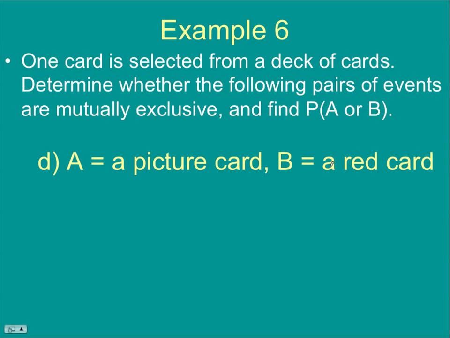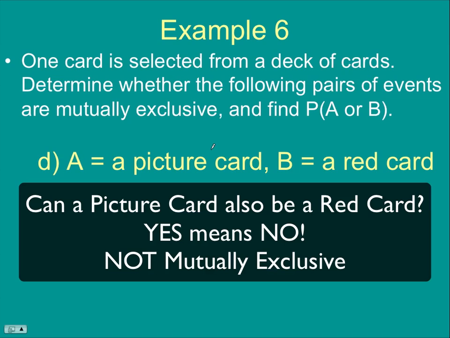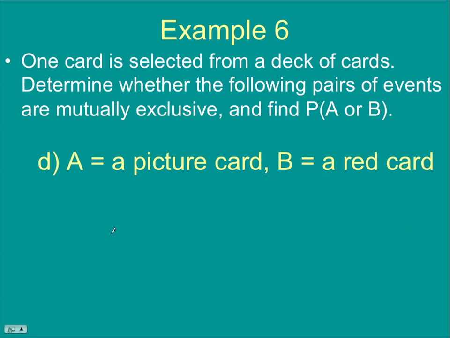How about a picture card or a red card? So can a picture card also be a red card? Well, the answer is yes. So these are not mutually exclusive. Okay, so we're going to need the probability of a picture card, which is 12 out of 52, plus the probability of a red card, which is 26 out of 52, and I'll use this one because it has the same denominator.